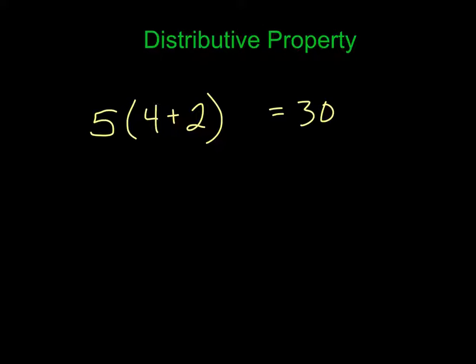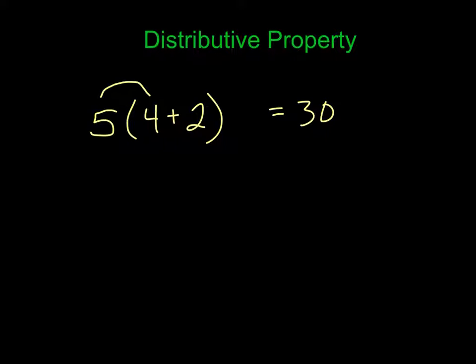So the distributive property says when I have a problem like this, where it's 5 and I'm timesing it by, remember there's no sign here, so that means times, so I'm timesing it by 4 plus 2. Instead of solving this first, I'm going to be taking 5 timesing it by this. So to do that, I like to show these little arrows.